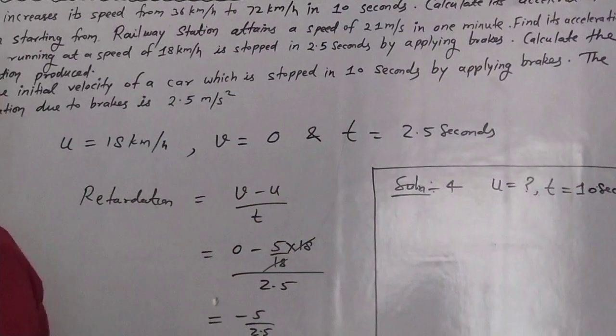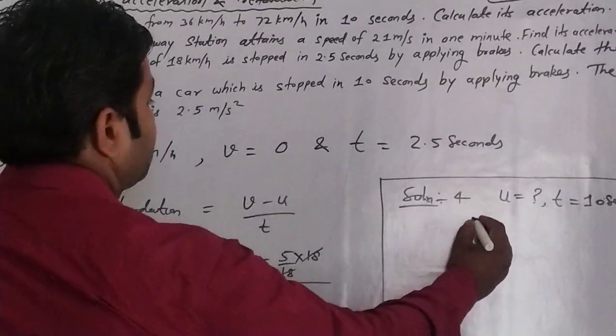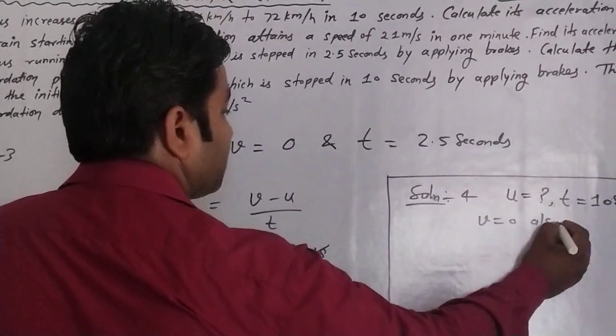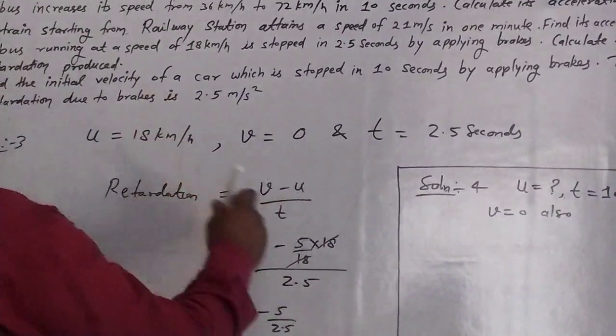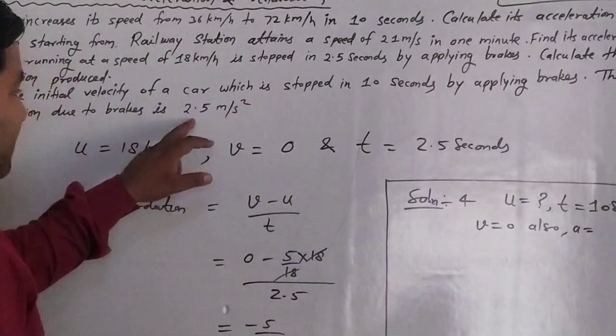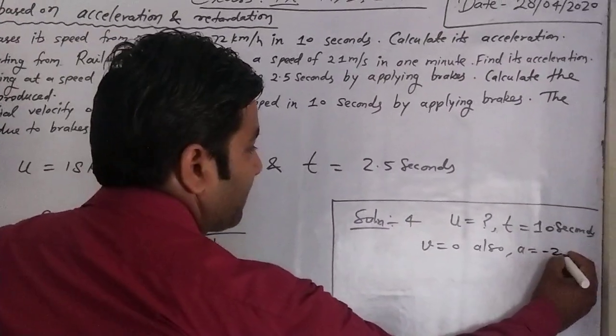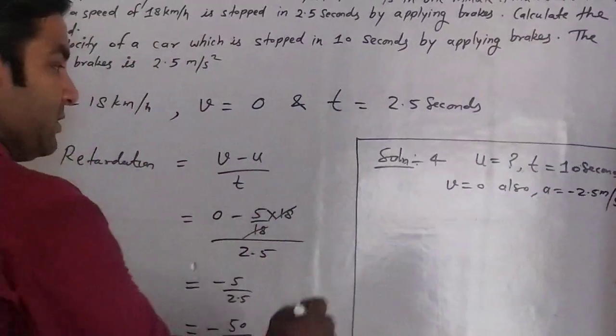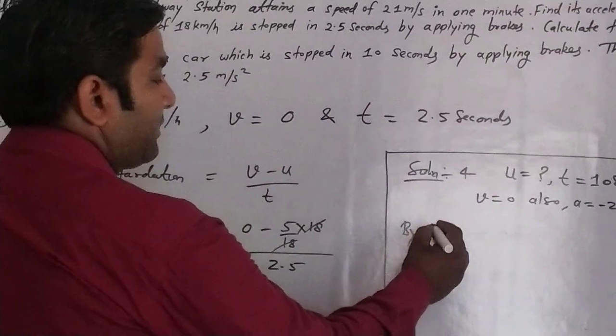By applying brakes, v is equal to 0, and also given is retardation, that is a is equal to minus 2.5 meter per second square.